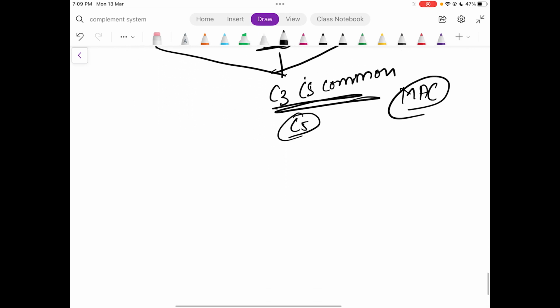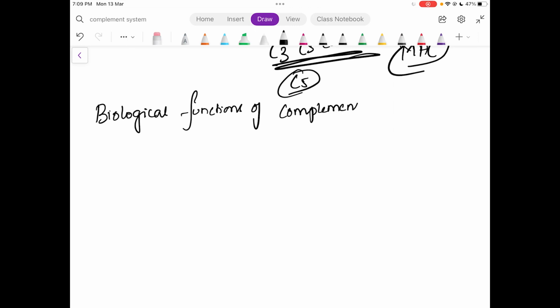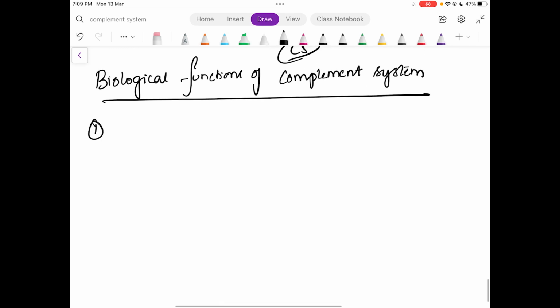And we will see the biological functions of complement system. So what happens?